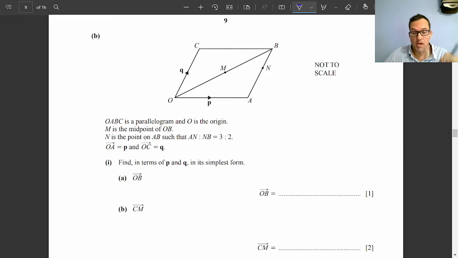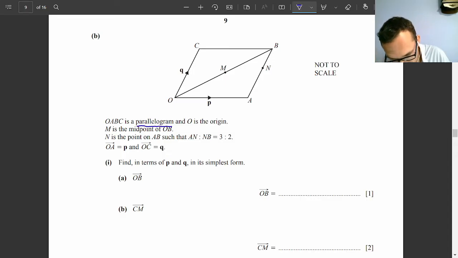Question 5b. Now we will move from column vectors to straightforward vectors. And again, each piece of information is very important. First, OABC is a parallelogram. That is an important piece of information because we know parallelogram, opposite sides are equal, opposite sides are parallel. Okay, so with vectors, when a vector is the same length and it goes the same direction, it is the same.